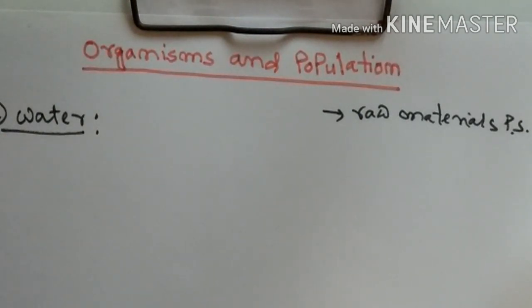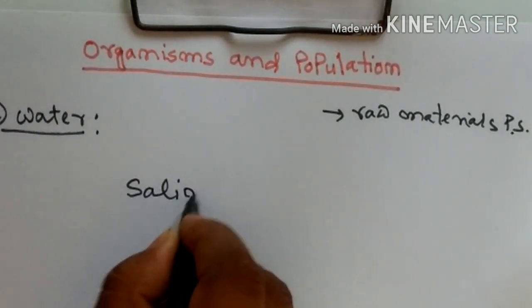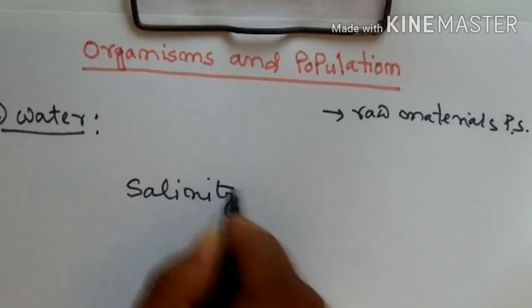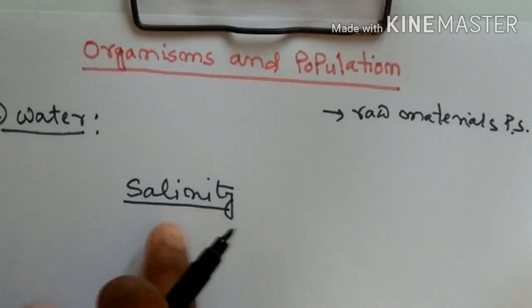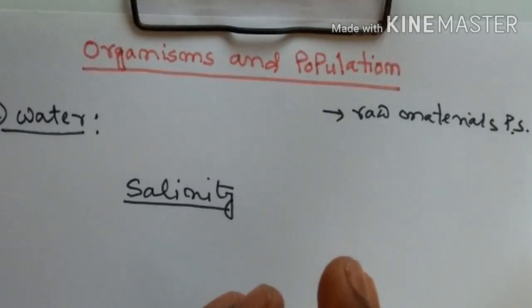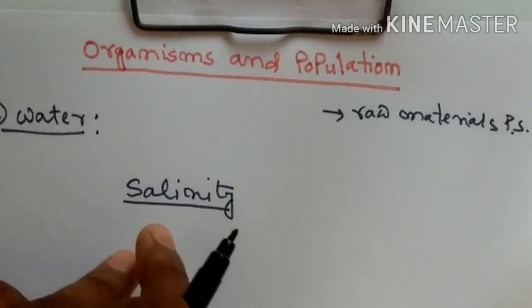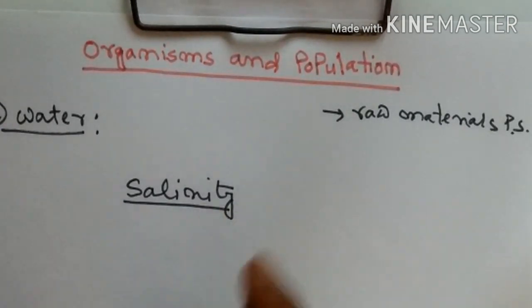On the basis of salinity, water is of three types. What is salinity? Salinity means the concentration of salt in water. It is known as salinity. On the basis of salinity, water is of three types.